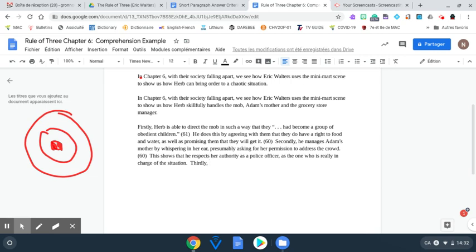So thirdly, Herb handles the manager. I could repeat "the grocery store manager," but I do already have that indicated up above in my topic sentence, so it's repetitious and redundant to repeat it. We want to try as much as we can, because we're working with a pretty confined space of maybe 5 to 7 sentences, ideally.